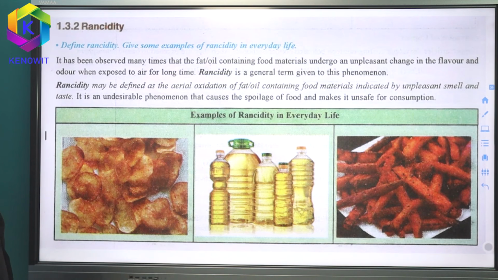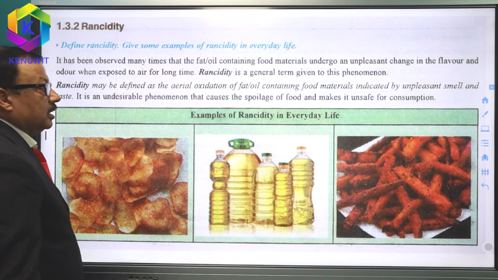Rancidity is a general term given to this phenomenon. Rancidity may be defined as the aerial oxidation of food materials containing fats and oil, indicated by unpleasant smell and taste. It is an undesirable phenomenon that causes the spoiling of food and makes it unsafe for consumption.